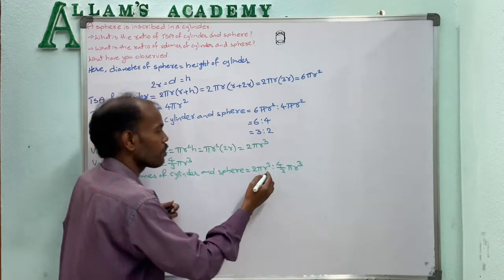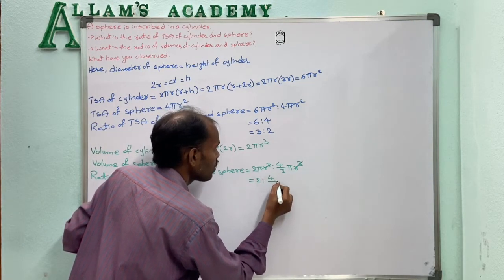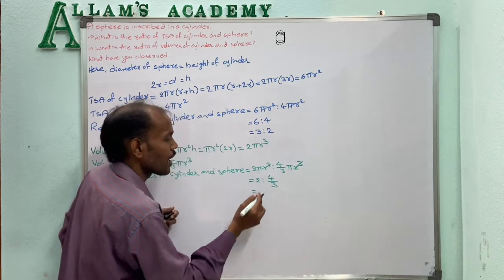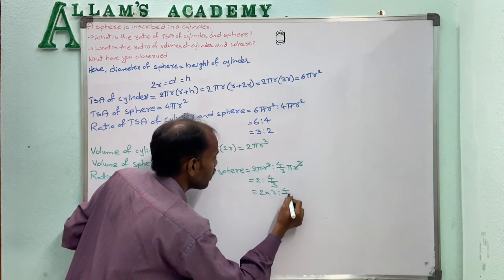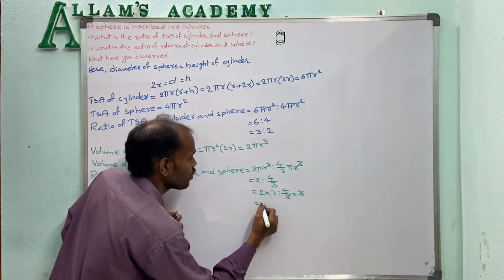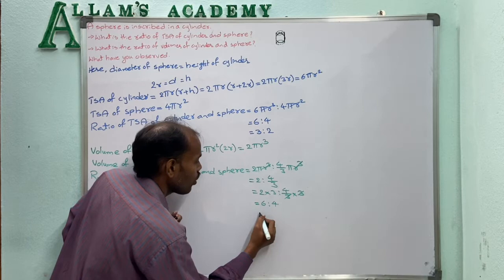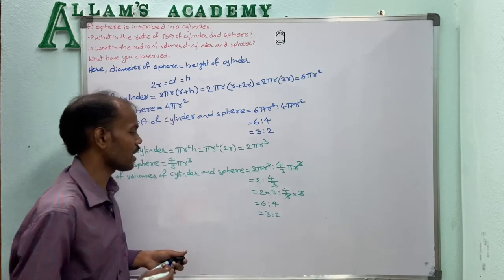The pi r cube values get cancelled, so that is 2 is to 4 by 3. Now multiplying both by 3, 2 into 3 is to 4 by 3 into 3. The 3 gets cancelled, so 2 3s are 6 is to 4. Now 6 is to 4 simplifies to 3 is to 2.